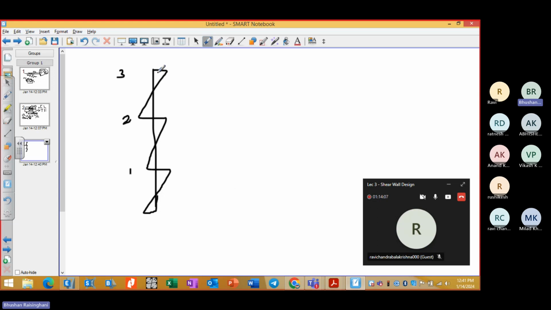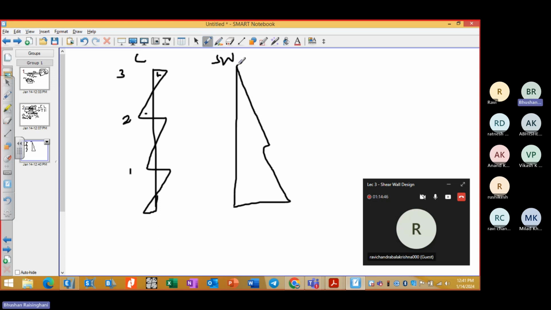So it will have positive and negative bending moment like this. Whereas for the shear wall, the bending moment diagram will be something like this. So this would define it as the shear wall and this would define it as the column. That is the basic differentiation you can make based on the bending moment diagram, shear force diagram, and your aspect ratio. So two ways you can check whether it is a column or a shear wall.